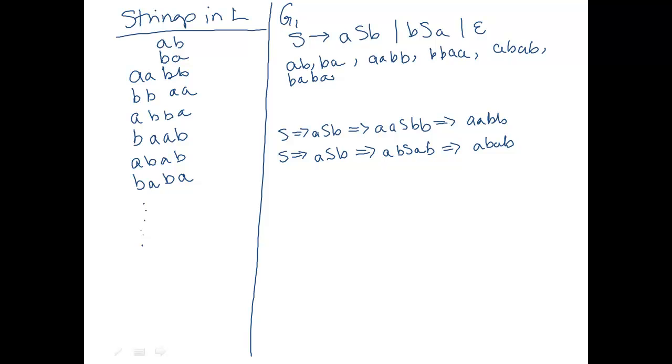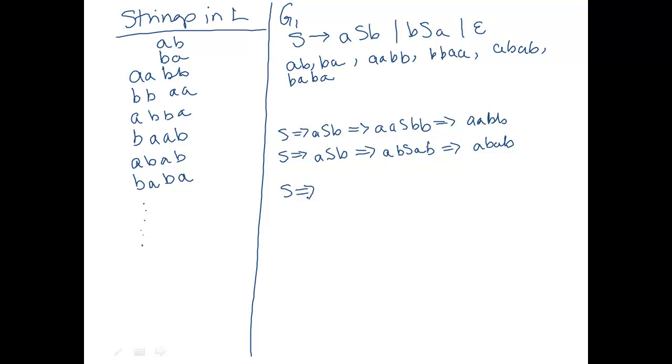But if we notice, in each one of these strings the first and last symbol are different. So we might ask, can we make a string where the first and last symbol are the same, like ABBA? Let's try.